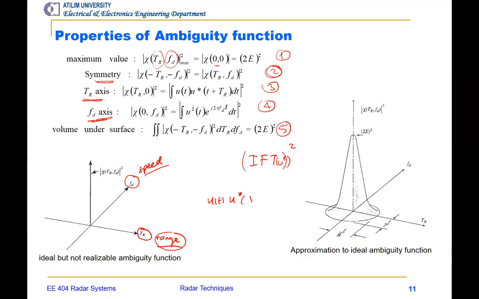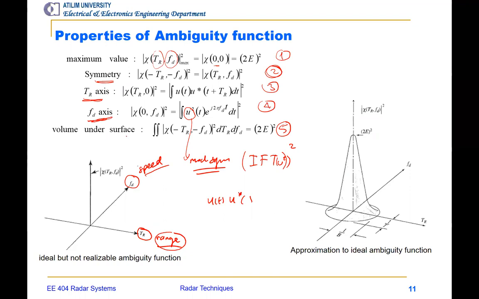So you see the heart of this function is actually the transmitted modulating signal. Once we design this signal, we simply obtain an ambiguity function accordingly.